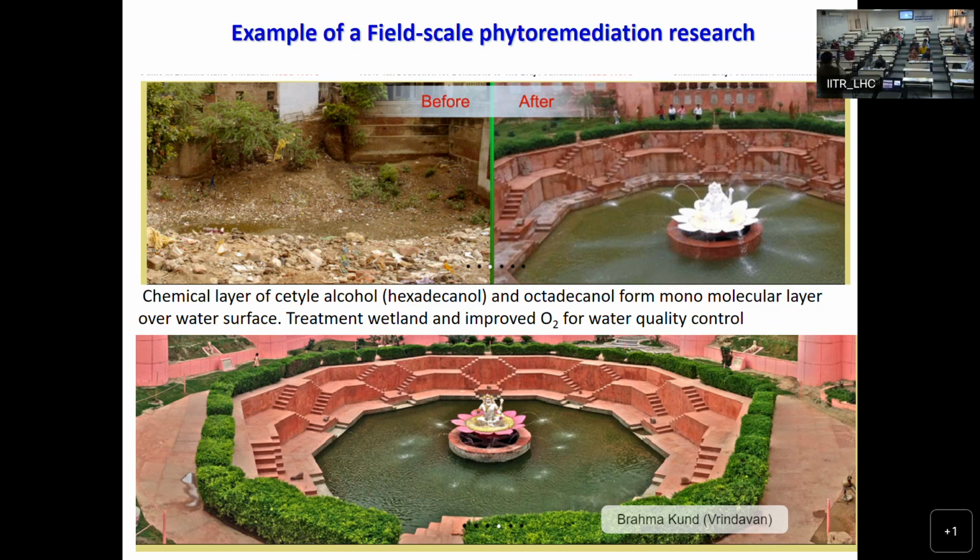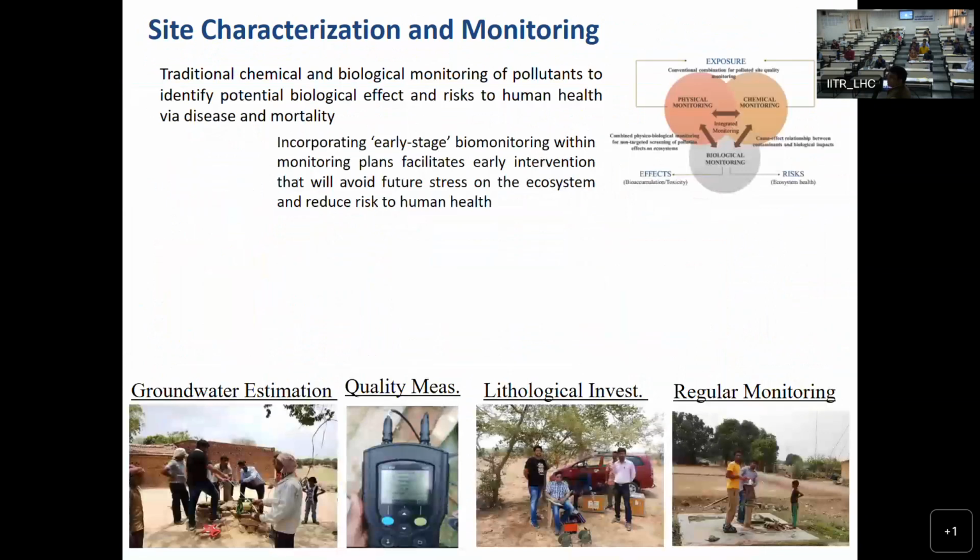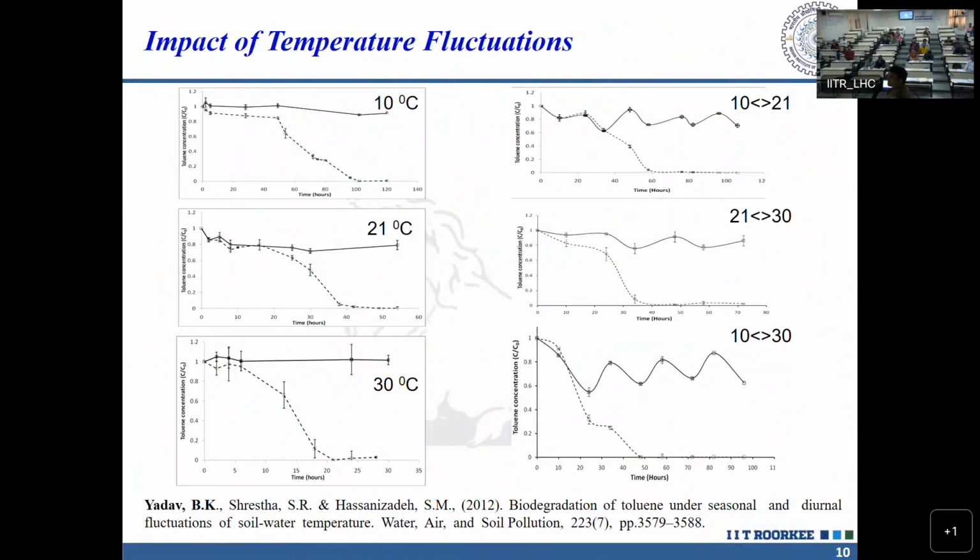So you might have observed in my graph, I don't know whether you've seen it or not, there is a straight line here. Can you see the straight line? Yes. This portion here, there's no degradation. So this is the time of acclimatization.